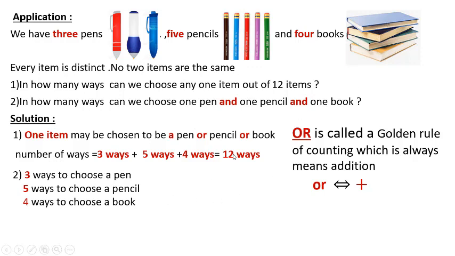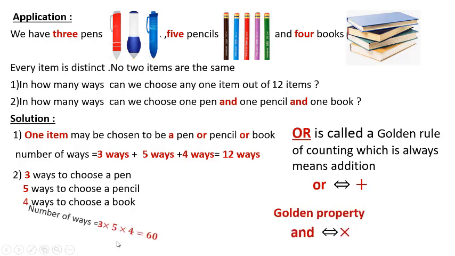Now apply the fundamental counting principle. Multiply all the ways. Then the number of ways will be 60 ways. 60 is the number of all options in which we can choose one pen and one pencil and one book together.